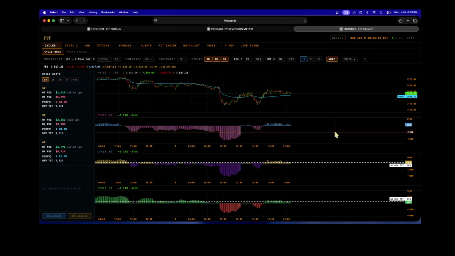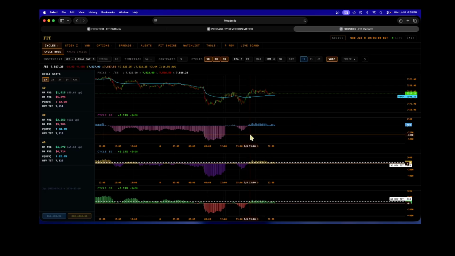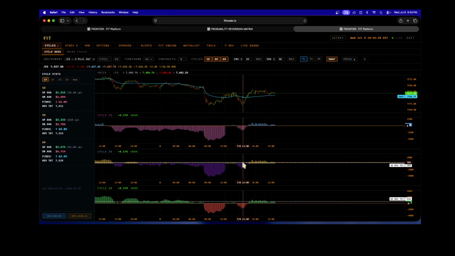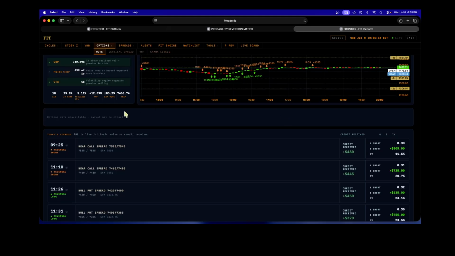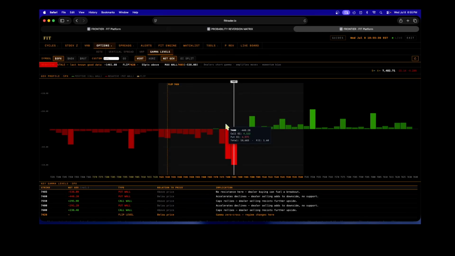Then what happened? Then we got a rotation, and what time was this? I'm sorry, we had a deep move with a high probability of a mean reversion down here at 11:30. Look where 11:30 is. So 11:30 was down here, and if you're a futures trader, you're asking yourself, geez, I wonder if this is going to go lower. Could this reverse here? Well, if you had our platform, you would have seen the gamma levels.